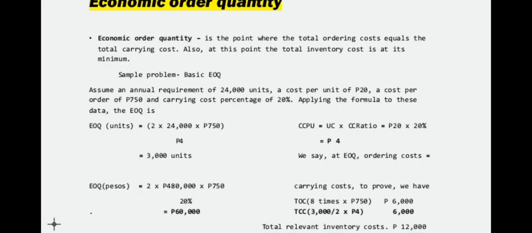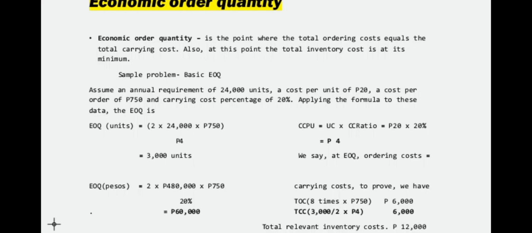Applying the formula to this data, the EOQ in units equals the square root of 2 times 24,000 times 750 divided by 20% of 20, which equals 3,000 units. Then the EOQ in pesos equals the square root of 2 times 480,000 times 750 divided by 20%, which equals 60,000.